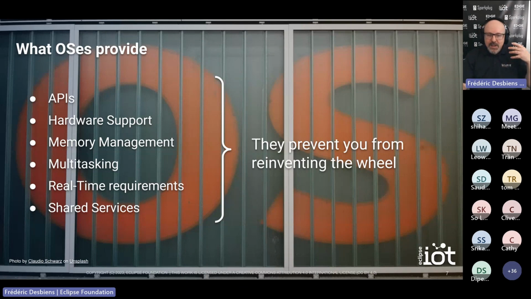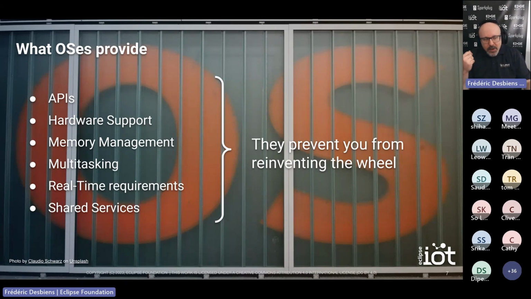They provide to us APIs, things that we can call and then we don't need to implement ourselves. They provide to us hardware support, either through layers of hardware abstraction layers or directly through drivers and things like that. And of course, those are complicated things, right? Personally, I'm not an expert enough to start writing low-level code like drivers. So I'm happy that bright developers elsewhere are doing that.